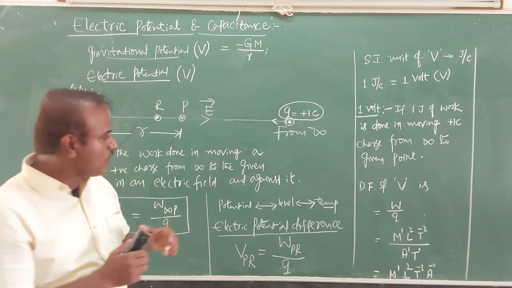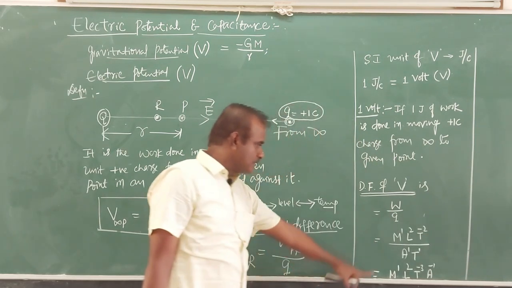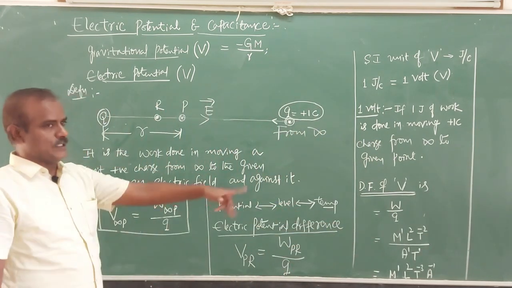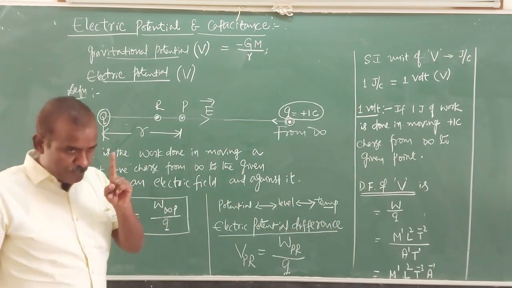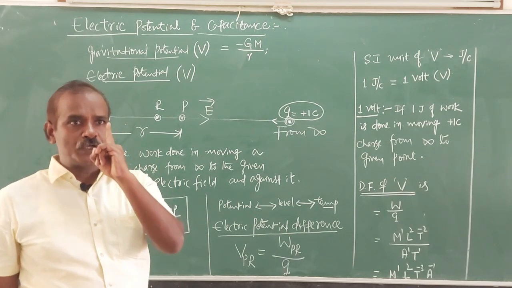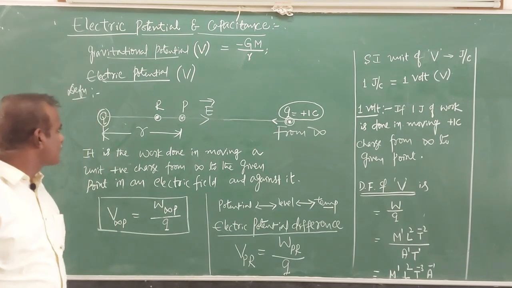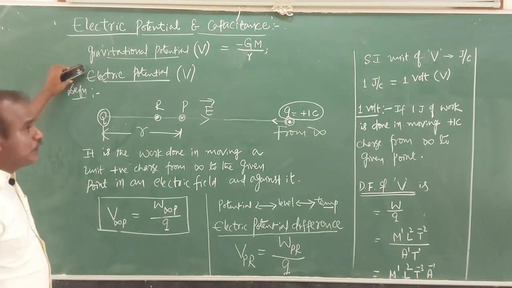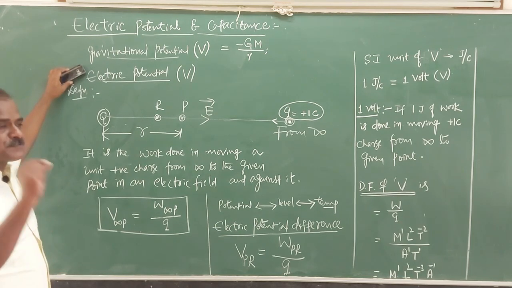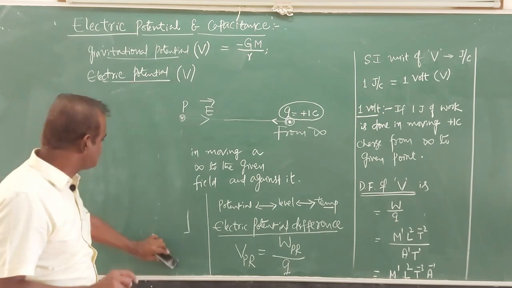Then the dimensional formula is also written. You should also remember, due to positive charge, positive potential, due to negative charge, negative potential. Now we are going to write an expression with the necessary mathematical steps.